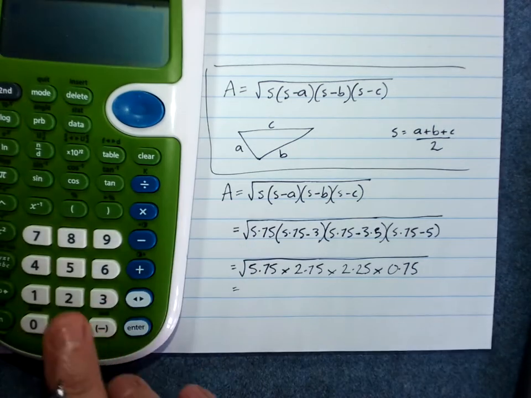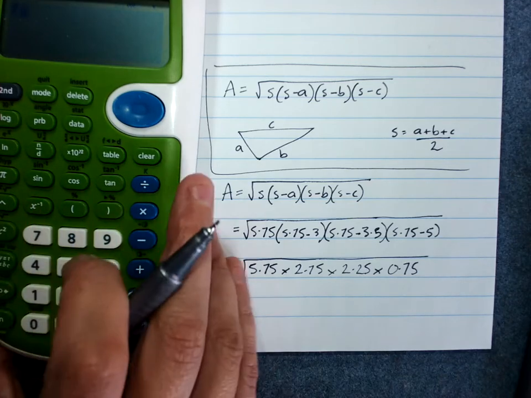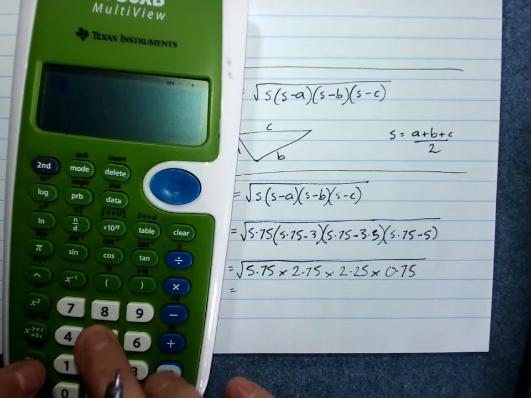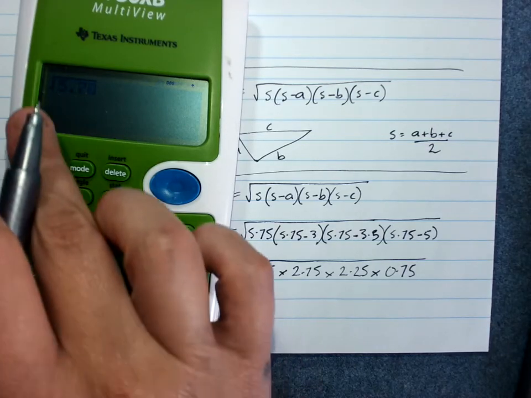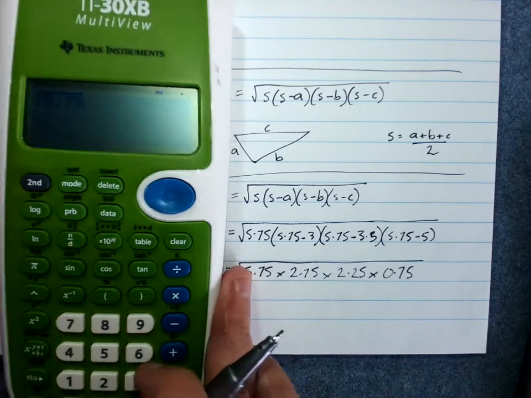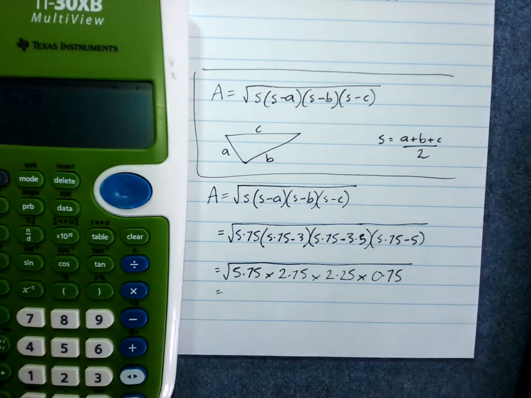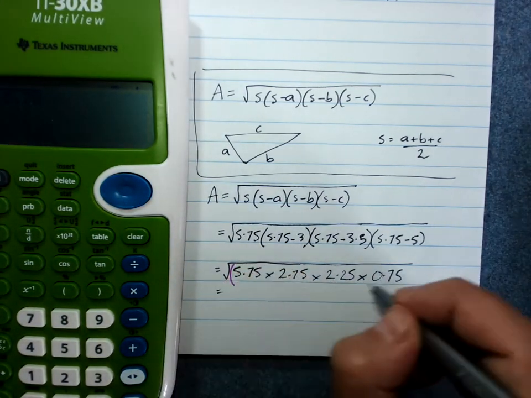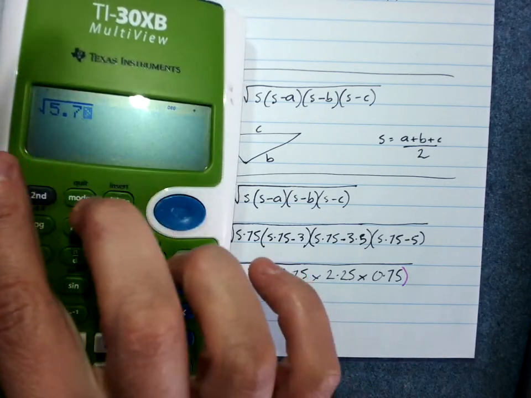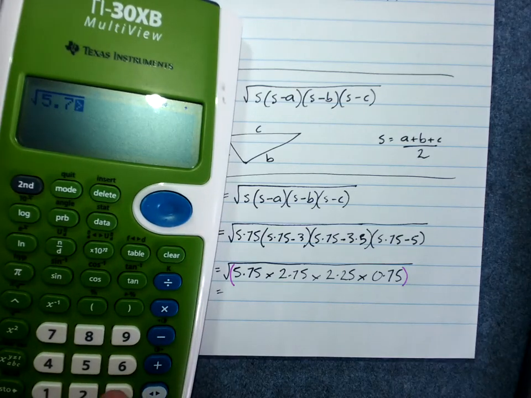So here, that's the square root of all these numbers multiplied together. Keep it under that square root sign. If you're using a graphics calculator, you'd put a bracket around all of this. If you're using your green calculator, it will keep that all under that square root sign for you.